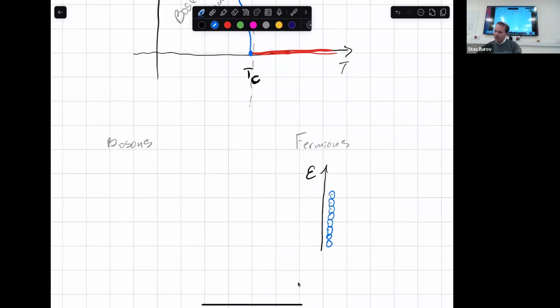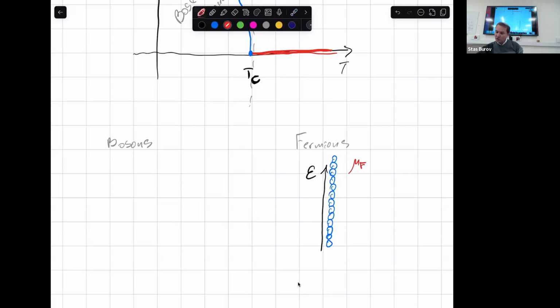Huge number of fermions. At some point the interactions are not important, and they occupy the whole energetic spectrum up to some specific mu Fermi. So it's a cumulative effect of a lot of particles, because the only thing that matters is what happens at the Fermi level. The Fermi level is extremely high. Everybody contributes. All the energies are important.